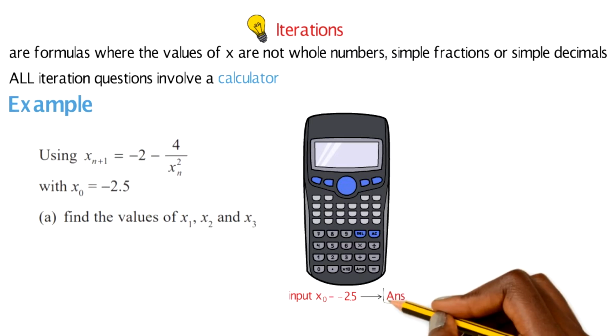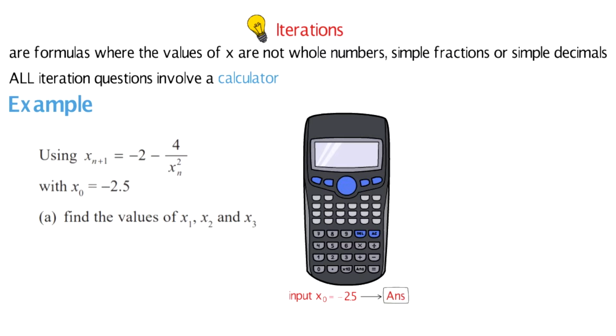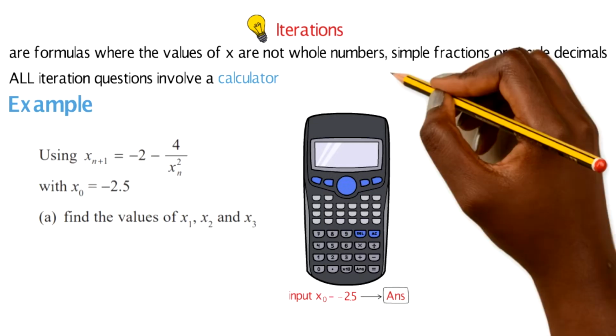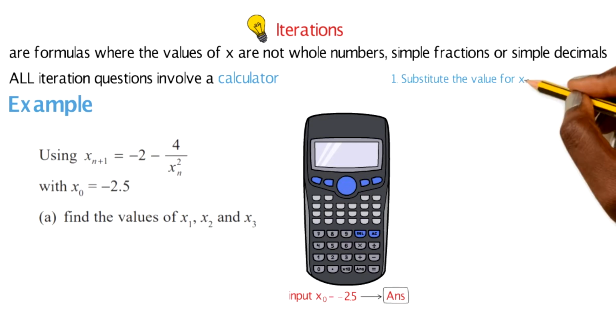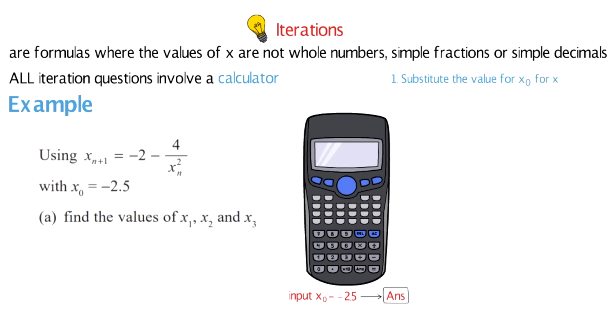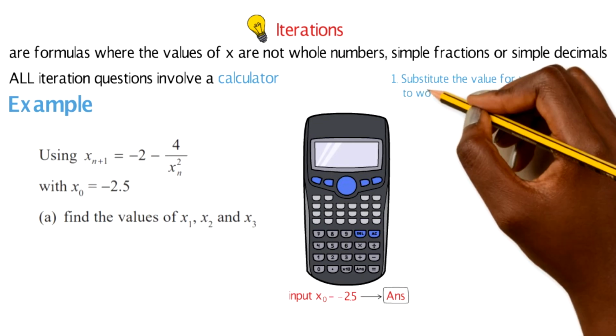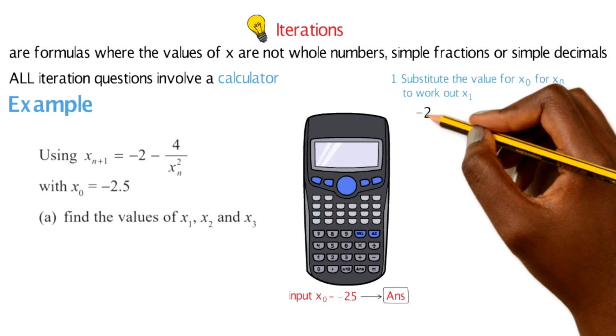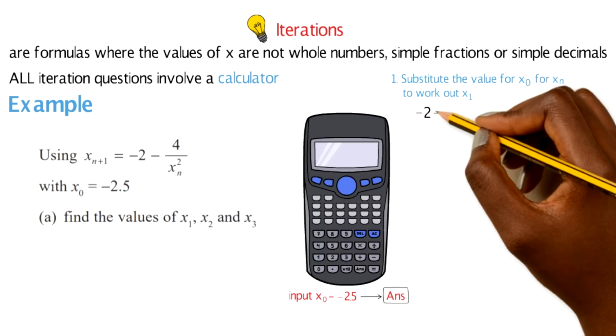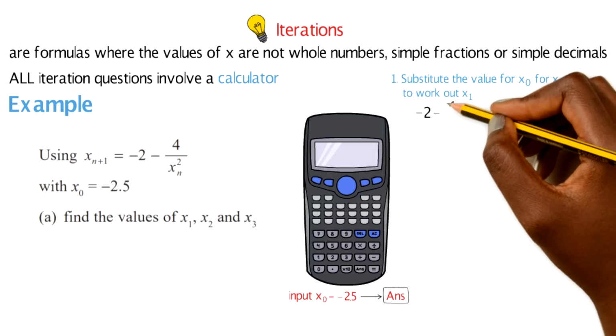Now that you've saved that answer into your calculator, the next thing is to substitute the value for x0 that they give you in the question for xn in the formula. The reason we're doing that is so we can work out x1, the first value. So in your calculator for this question, you're going to put in minus 2 minus 4 over ans squared.